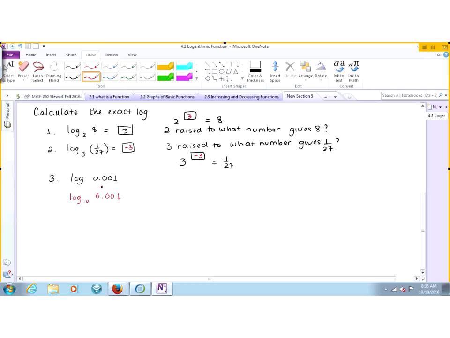So what's my answer? -3. Good. So basically 10 raised to the what will give you 0.001? The answer is -3. Okay, good. So we can calculate that.